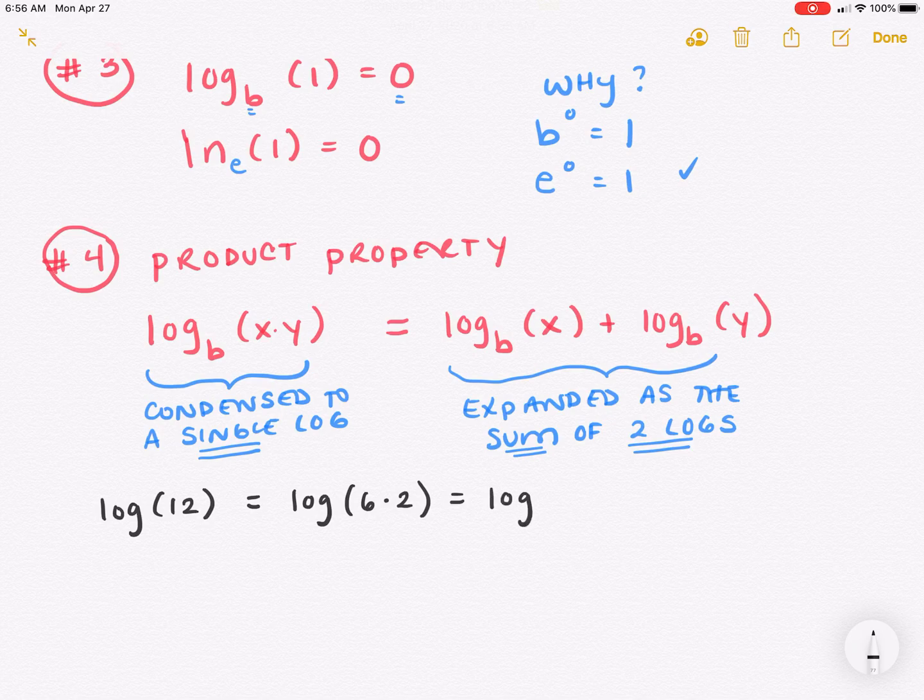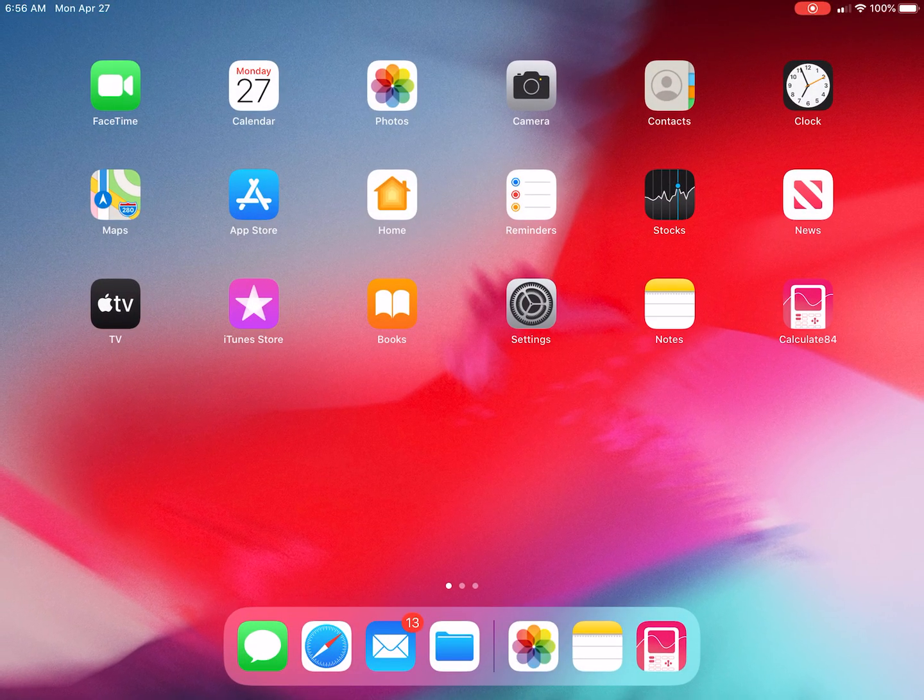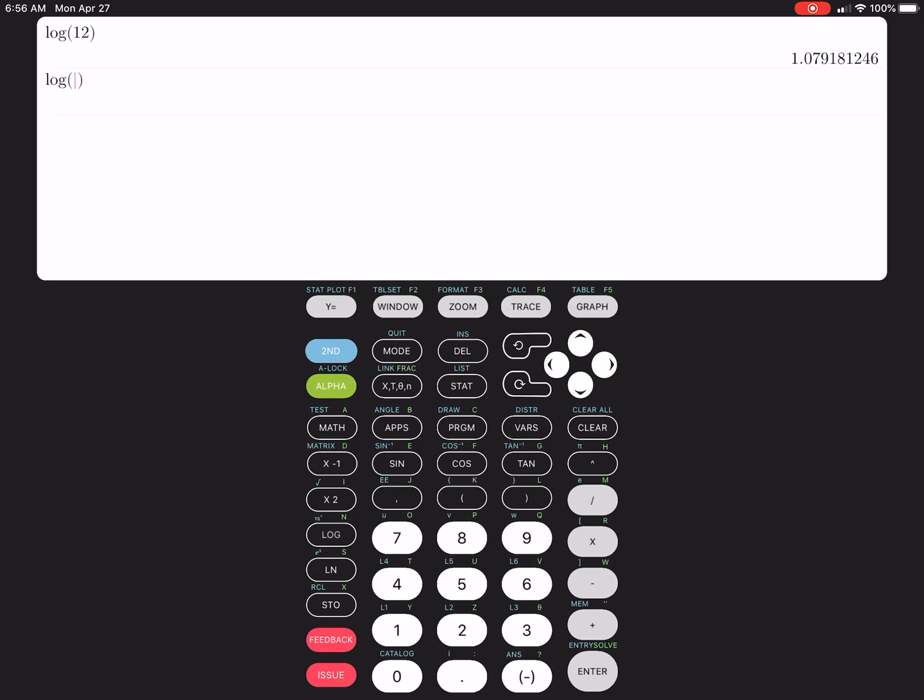But what's interesting here is we can expand this into the sum of two logs if we write it as the log of 6 plus the log of 2. And that's where I want to come into our calculator and type it in as the log of 6 plus the log of 2. And you then see, yep, we got our magic number 1.079.